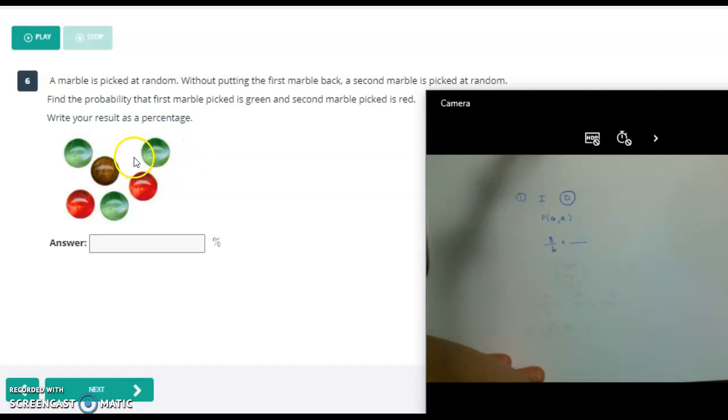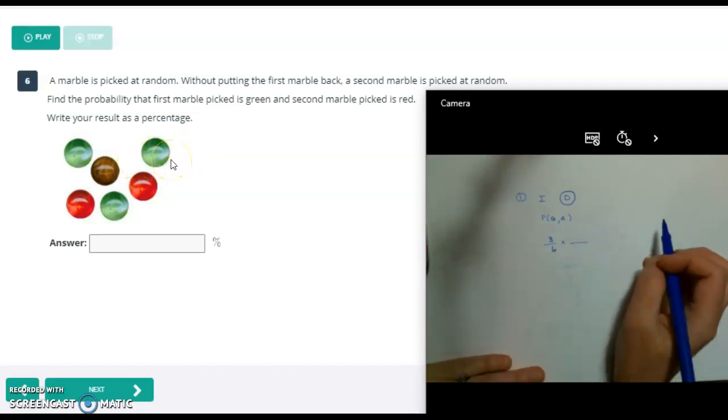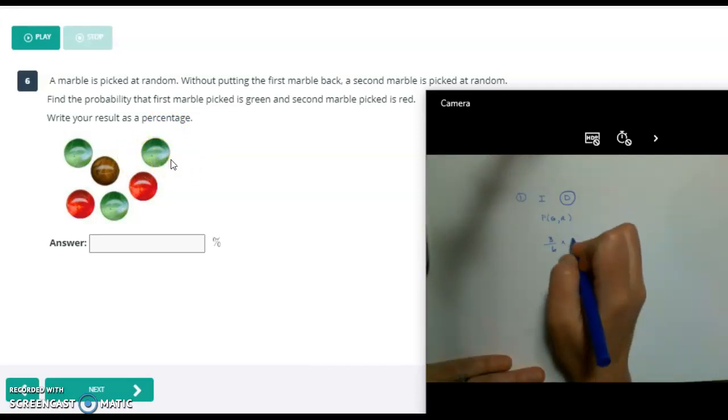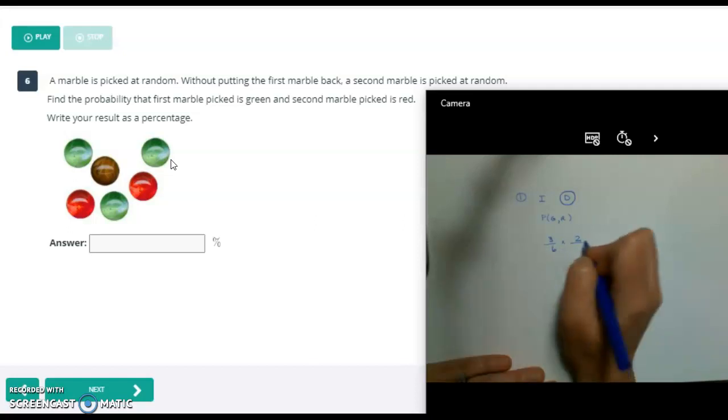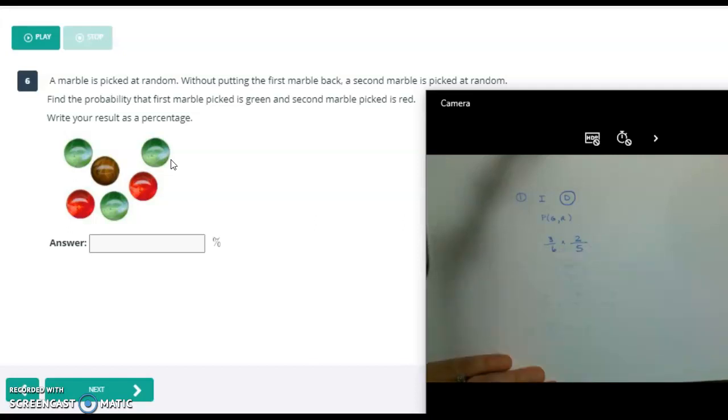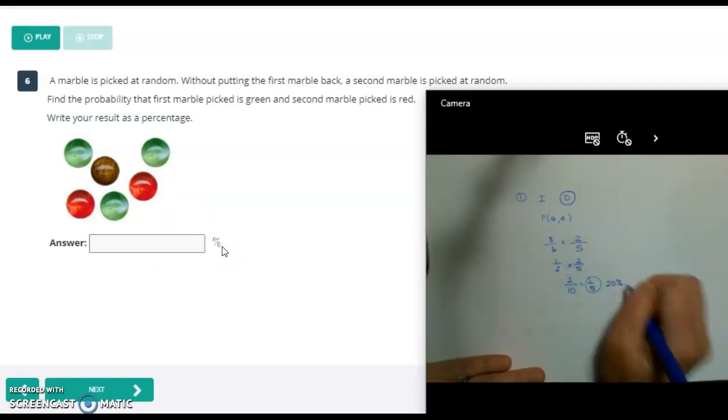We're going to have picked a green and now it is no longer there. So now we still have 2 reds, but now we only have 5 marbles. Okay, so we end up with 1/2 times 2/5, which gives us 2/10, which is 1/5 simplified. Okay, now it does ask us to answer as a percentage, so this would be 20%.